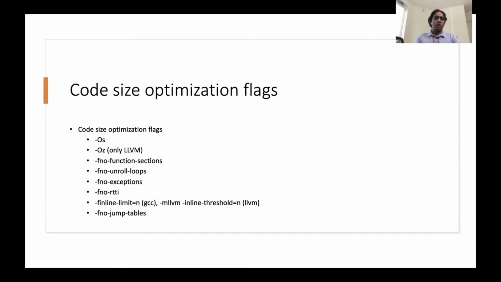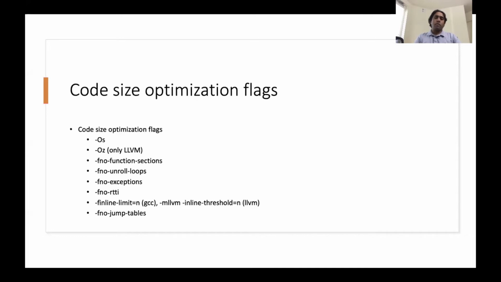I don't want to go into more detail, but ideally we can keep every function in a section. That helps with debugging and runtime instrumentation, things like that. But we don't always need them. So if you pass -fno-function-sections, then the compiler will put all the functions together in a text section, and that will save a lot of code size.